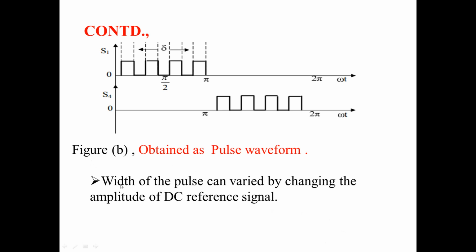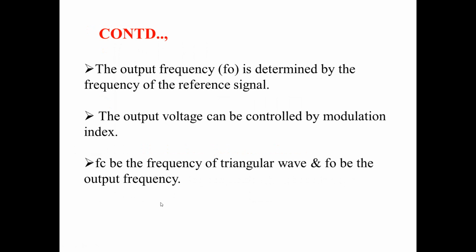As I told already, the width of the pulse can be varied by changing the amplitude of the DC reference signal. The output frequency is determined by the frequency of the reference signal, and the output voltage can be controlled by the modulation index M. Here fc is the carrier frequency of the triangular wave and f naught is the output frequency.